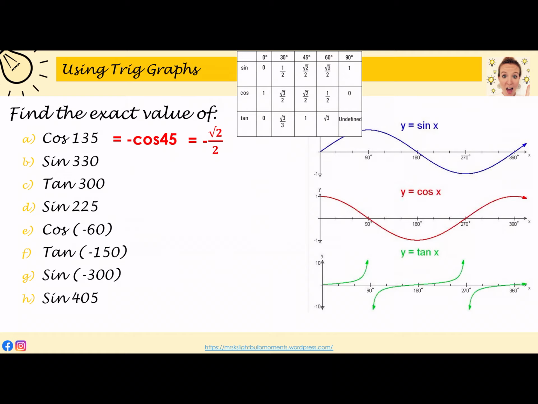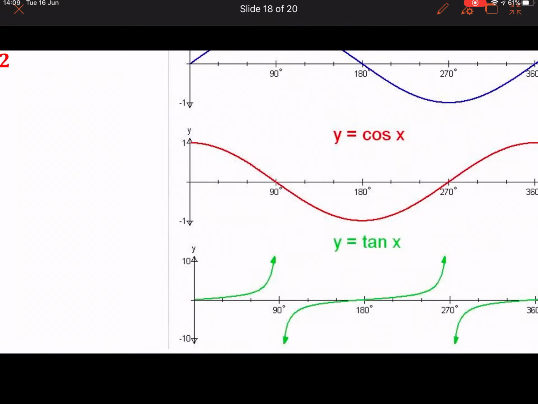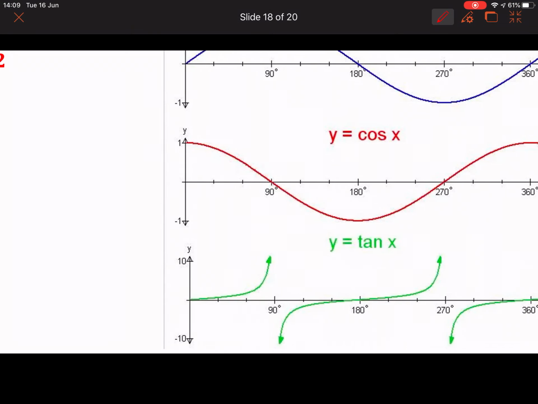I'll show you why that is if we just zoom into this one. So cos 135 was, let's say, about here. Now how much has it gone in to get from 90 to 135? That's gone in 45 degrees. So let's use our symmetry to go back 45 degrees from 90.